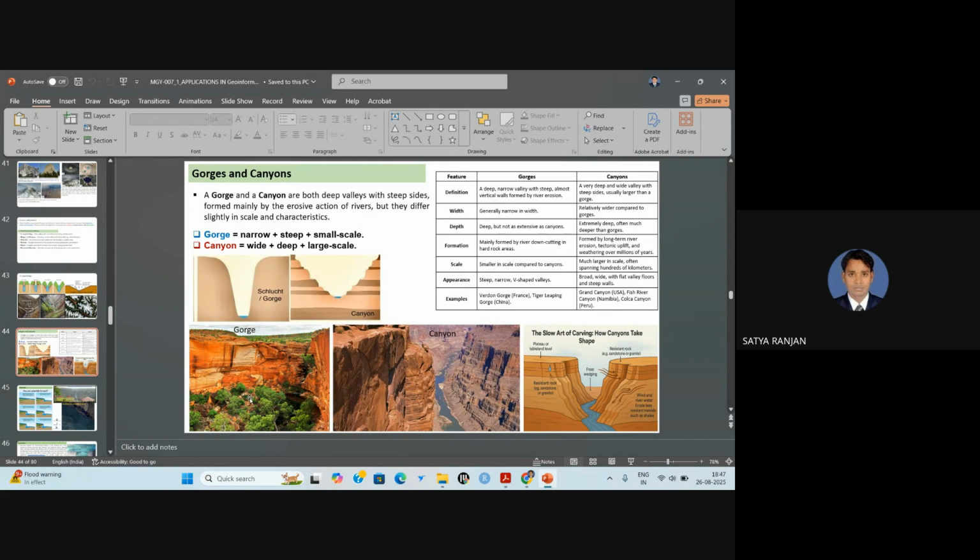This is one example of a gorge. It is present in very minimal areas, but a canyon spreads in longitudinal ways, and is very deep as compared to a gorge. This is the canyon. Some of the differences: a gorge is generally narrow in width, and it is much wider in a canyon.